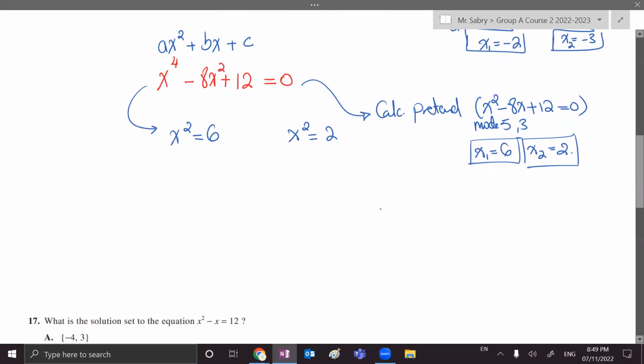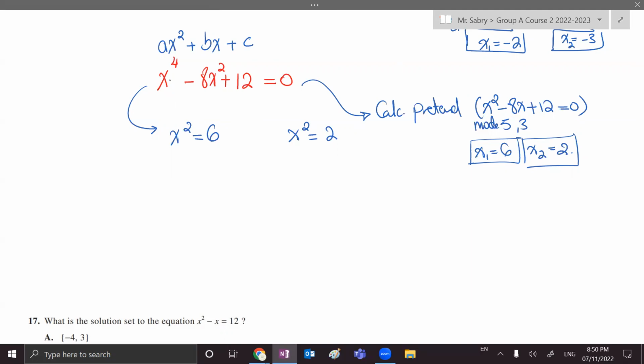Yes, but why can't we take a common factor? Because the x is not common with the 12 as well. It's only available here and there, but it's not common with the third term. So I can't take x as a common factor. That's the problem: not everything is multiplied by x, it's x power 4, so it's not actually a quadratic function.